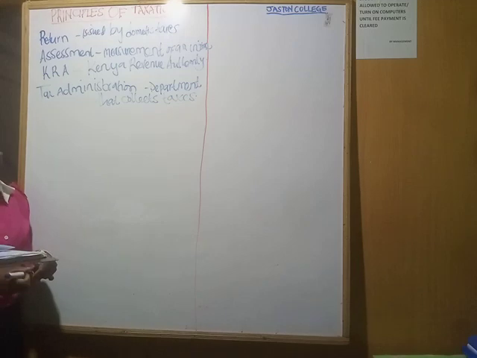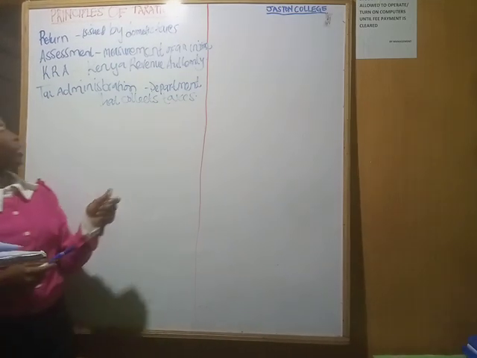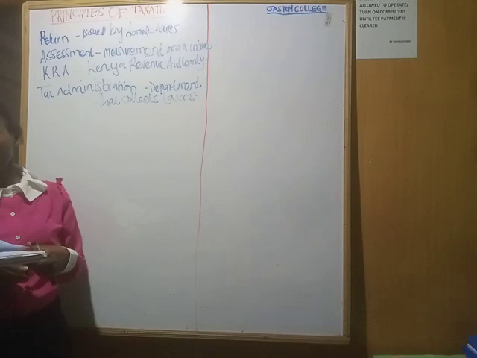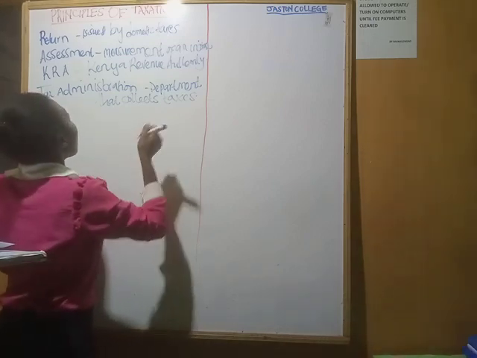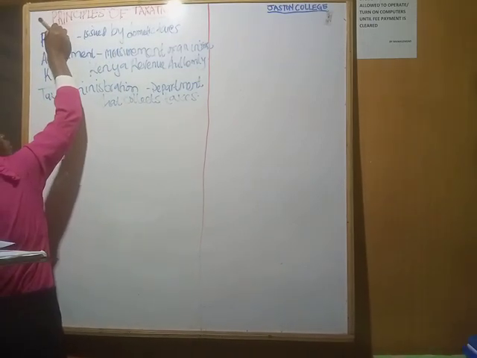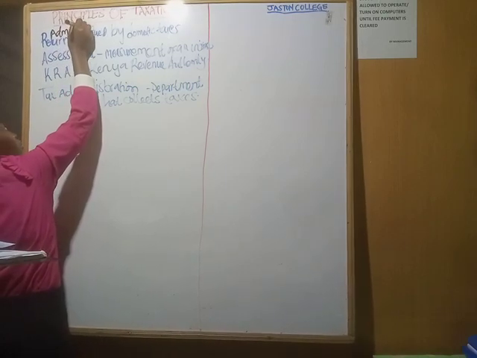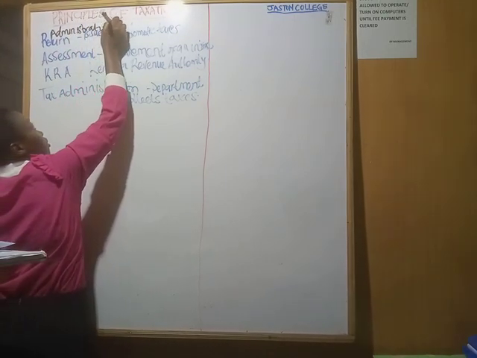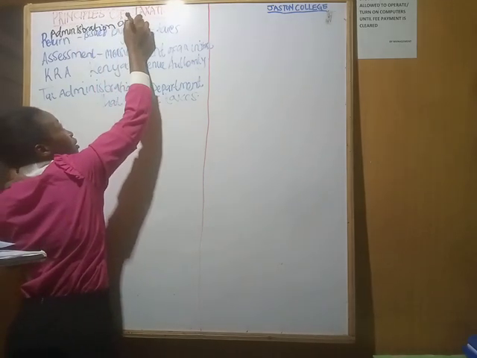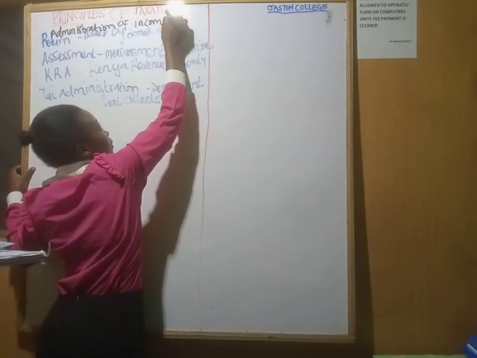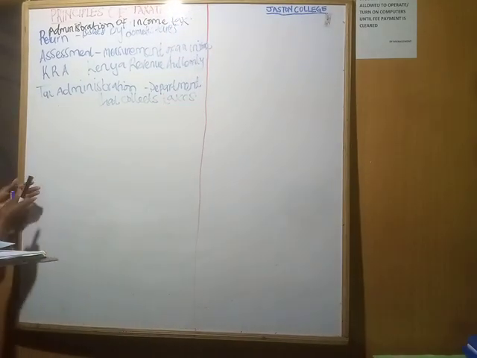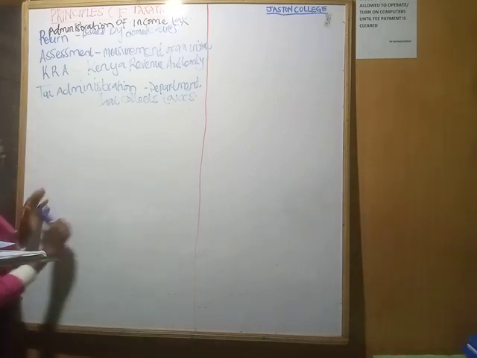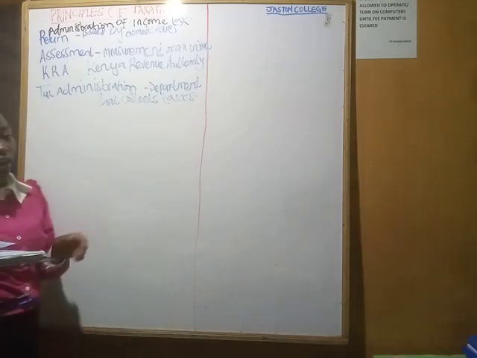So my good students, with this in mind, the four terms, the return, the assessment, the KRA, and the tax administration in Kenya, we are going to continue with our topic, administration of income tax.